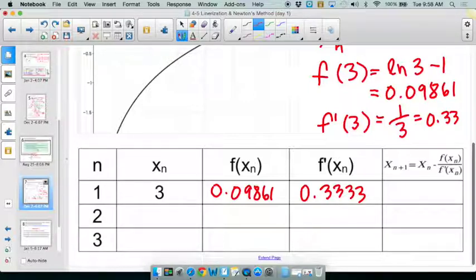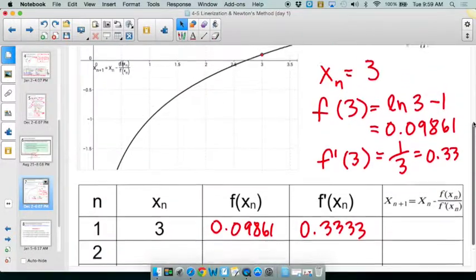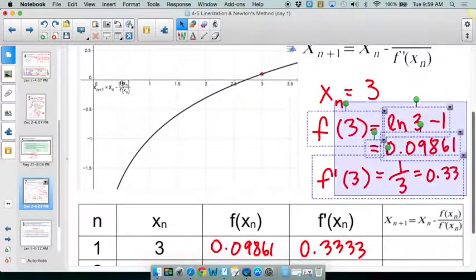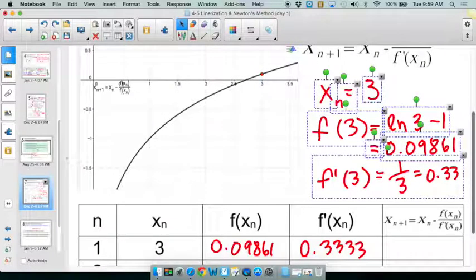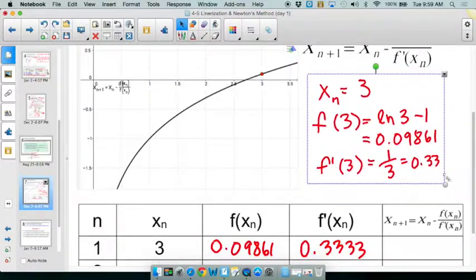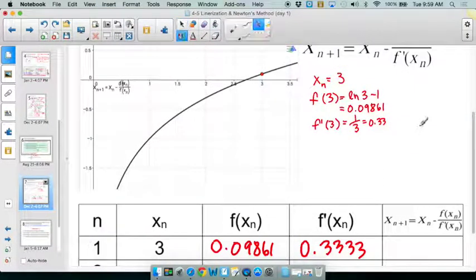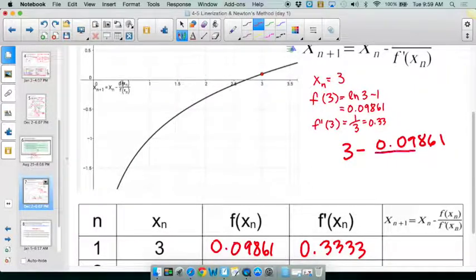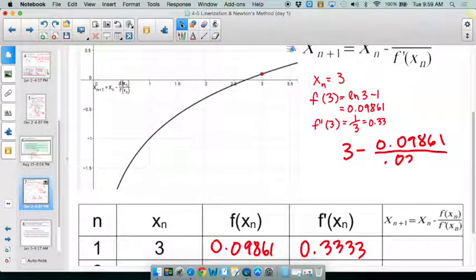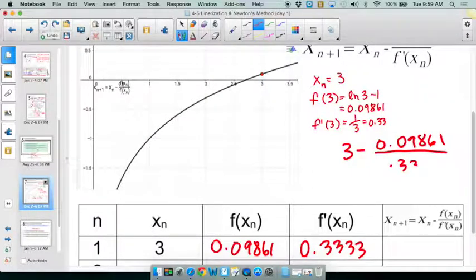So we're going to go ahead and calculate that whole thing. We're going to calculate 3 minus 0.09861 divided by 0.333.